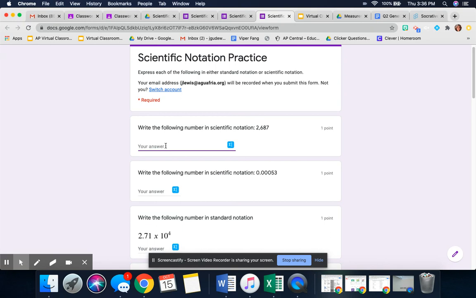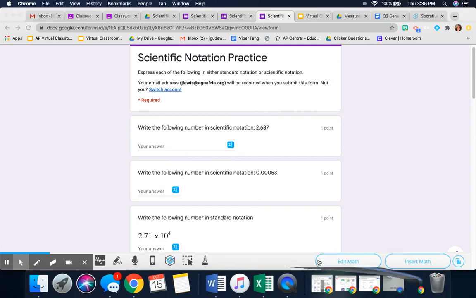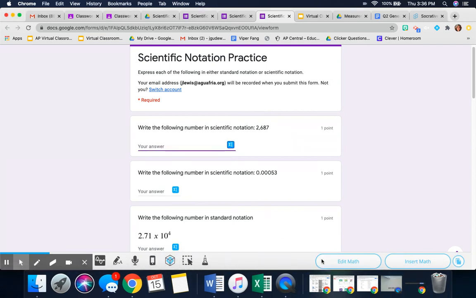Or if you'd like to, you should see this little symbol right here. You'll probably see this symbol often in forms and things like that, so you might want to learn to use it. If you click on this little symbol, you will see this toolbar come up.